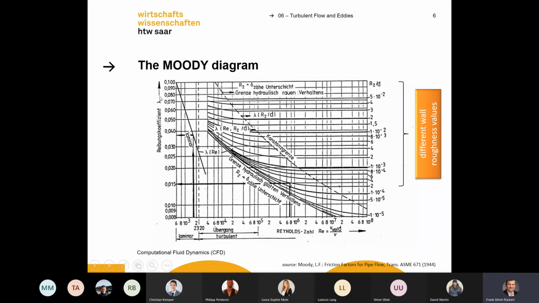Again, we have our friction coefficient lambda here, and we have our linear region in the laminar flow field. It's just 64 divided by Reynolds, just a line. But we also have the turbulent region here, and in this turbulent region we have many different kinds of friction coefficients, and they depend pretty much on the roughness of the walls.